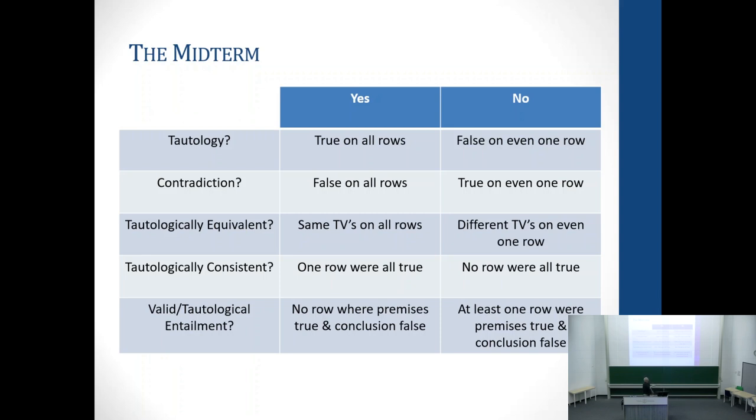To show that they're consistent, just give me one row where they're all true. To show they're not consistent, there must be no row where they're all true. In that case, right? If it turns out that they are not consistent, you would need to give me a complete table. So every time where it says 1, you can get away with just 1 row.